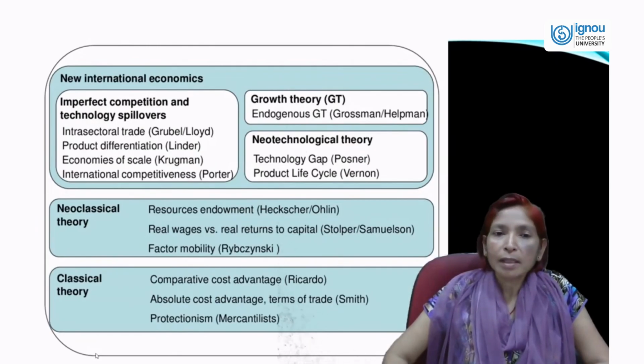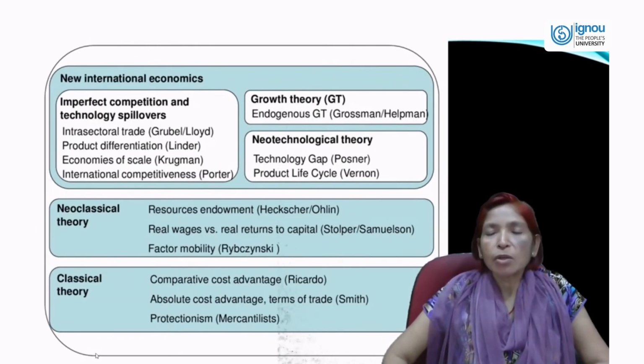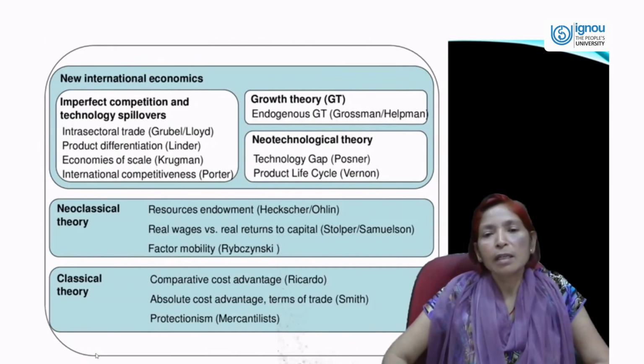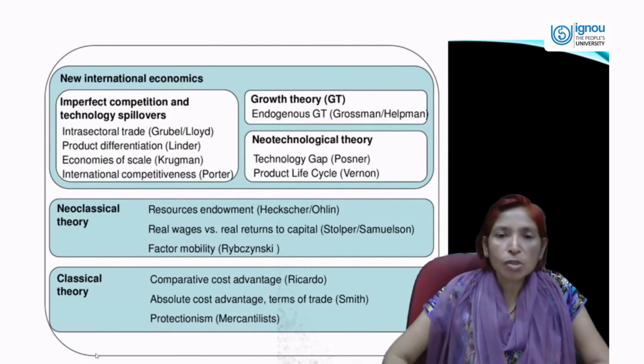Next is growth theory. Growth theory is mainly endogenous; growth may be endogenous or exogenous. This was explained by Grossman. Then the new technological theory, in which there is the technological gap or product life cycle. The technological gap theory is known as new technological theory, which was introduced by Posner, and the product life cycle theory was introduced by Vernon.